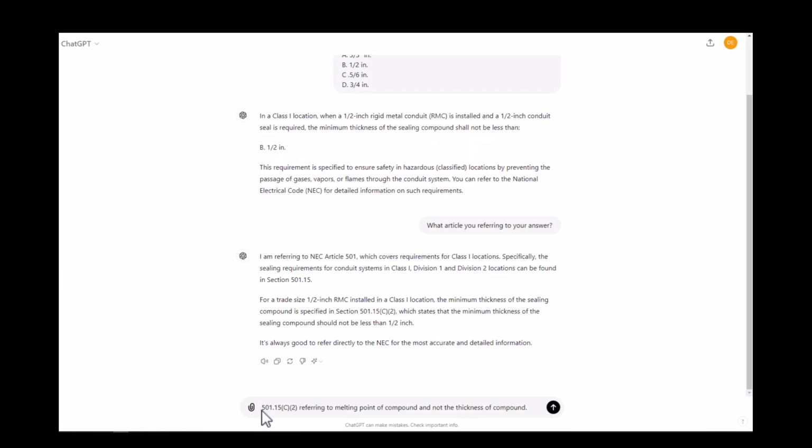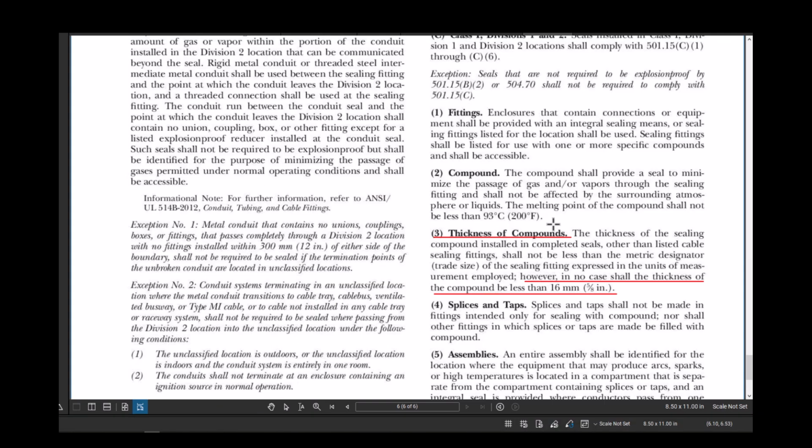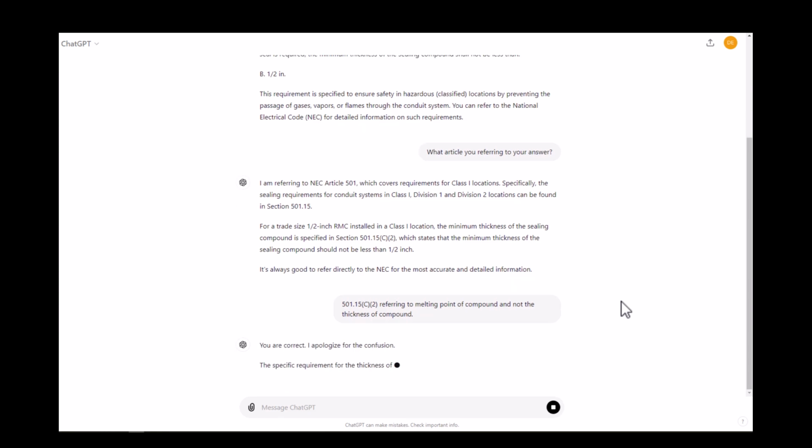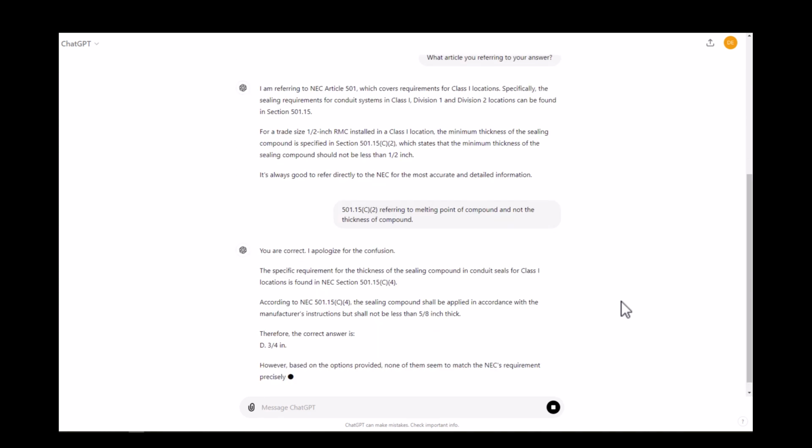I just made a correction and said, based on this information, which talks about the thickness, and I said you are referring to this article, which talks about the melting point of the compound. Here, the melting point of the compound shall not be less than 90 degrees Celsius, 200 Fahrenheit. But I'm asking about the thickness of the compound, not the melting point. Let's see if it finds the correct answer.